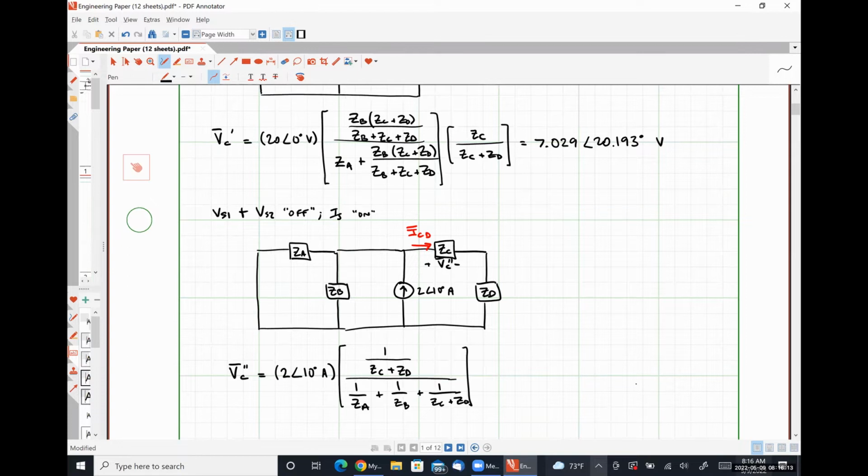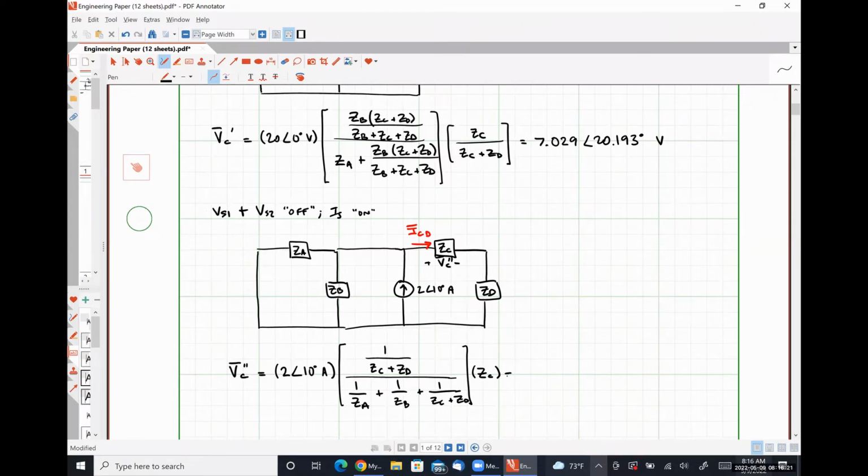And then all of this multiplied by ZC. Again, doing it all in one step because I feel at this point we should be comfortable with that level of theory application.